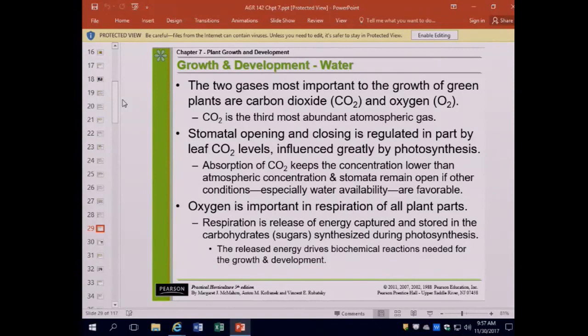Oxygen occurs as a response to the respiration in plants. Respiration is the release of energy in the stored carbohydrates that are synthesized during the photosynthetic process. Carbohydrates are also referred to as sugars.